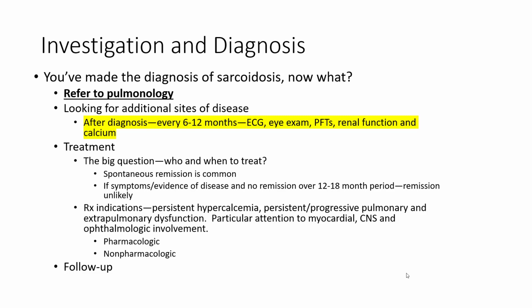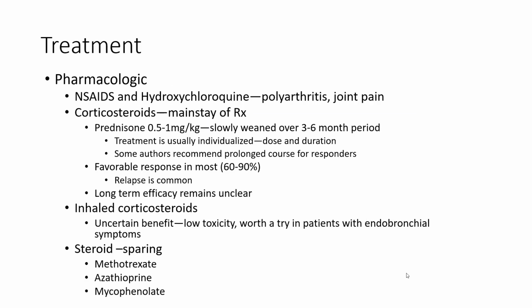But things like an EKG, eye exam, pulmonary function test, renal function, and then calcium levels. And this is going to give us an indication of if the disease is spreading to other organ systems, and then in terms of calcium level, whether or not there is a great burden of granulomatous disease at one point compared to another.